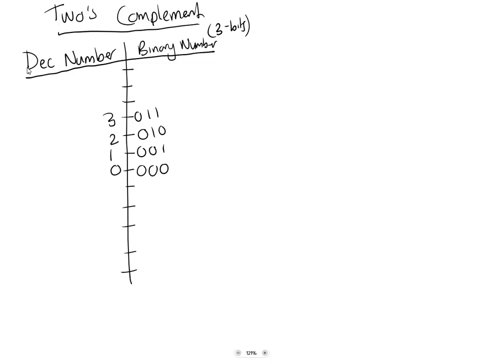But now negative 1 is going to be 1, 1, 1. Negative 2 is going to be 1, 1, 0. Negative 3 is going to be 1, 0, 1. And negative 4 is going to be 1, 0, 0. So this looks very similar to 1's complement, except we're just off by 1, right? So can you see the difference, right? So if I have to, I wonder if I can cut and paste.